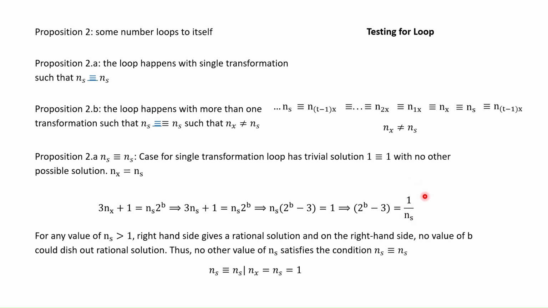You have a rational solution, but we know that this is going to be an integer. So integer is not equal to some rational number. There is some problem over here. So there is no value of b that could dish out a rational solution. Thus no value of ns satisfies this condition. So we know that for proposition 2a, the only condition where nx is equal to ns is 1.